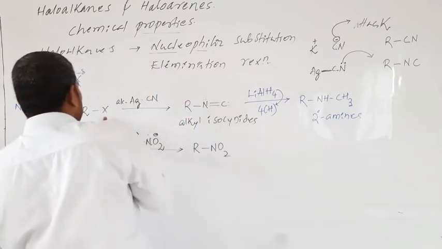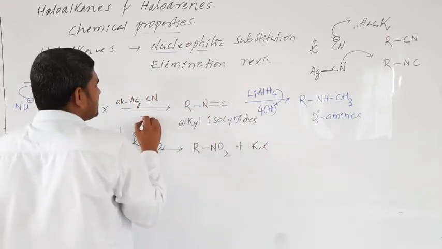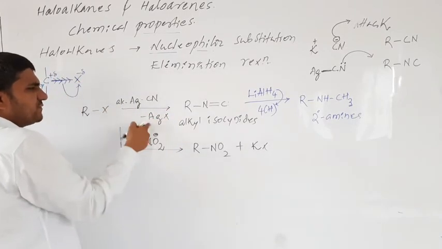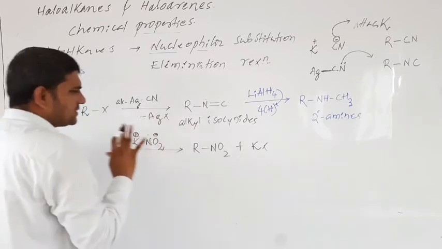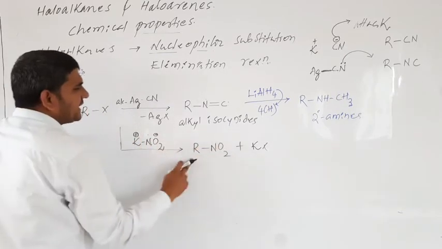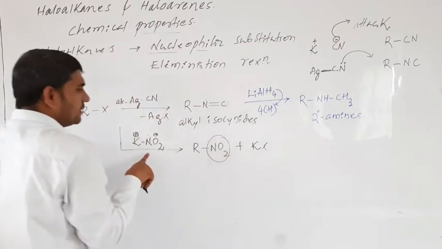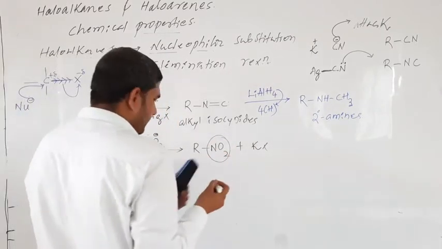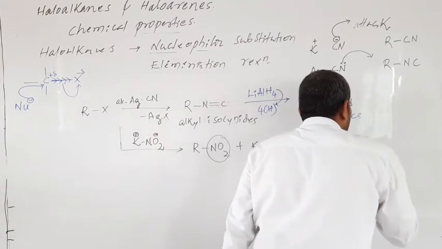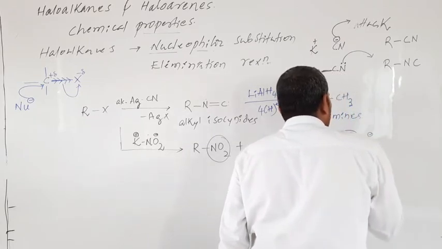RNO2 plus K plus X minus, KX. Over here also, the byproduct is AgX. Ag plus and X minus form AgX. Writing the product becomes very simple: K plus X minus gives KX, and RNO2. Over here the attack takes place through nitro. NO2 can be written like this, NO2 minus, and the attack takes place through nitrogen.